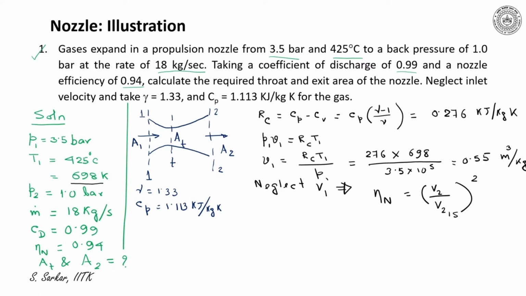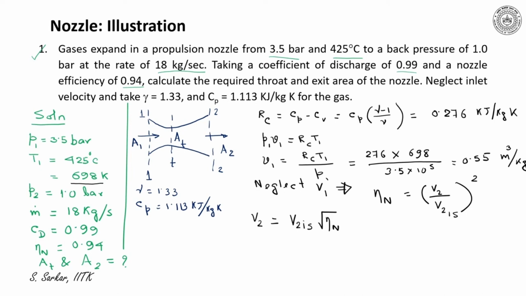So thus I can get the actual velocity at the exit of the nozzle, V2, equal to V2 isentropic into root over eta n, nozzle efficiency.